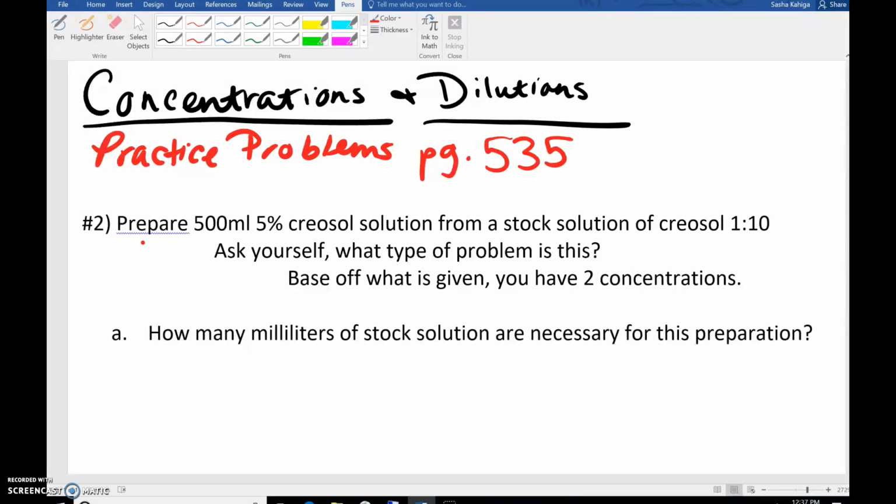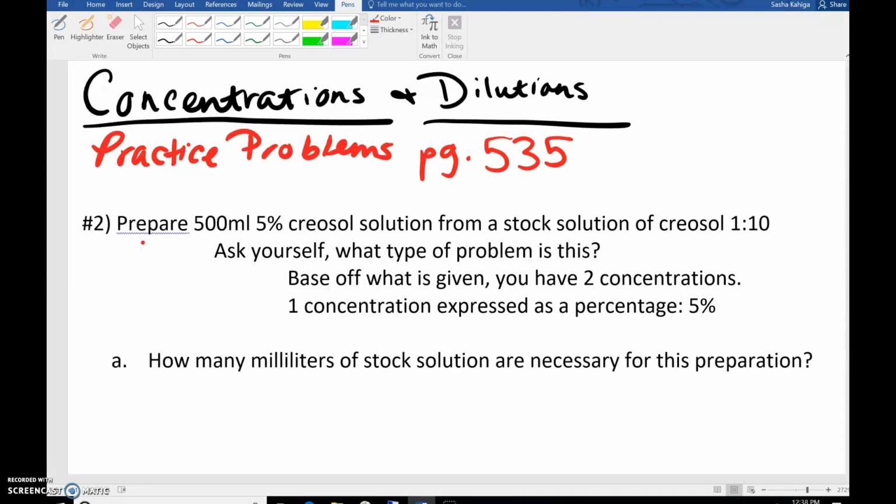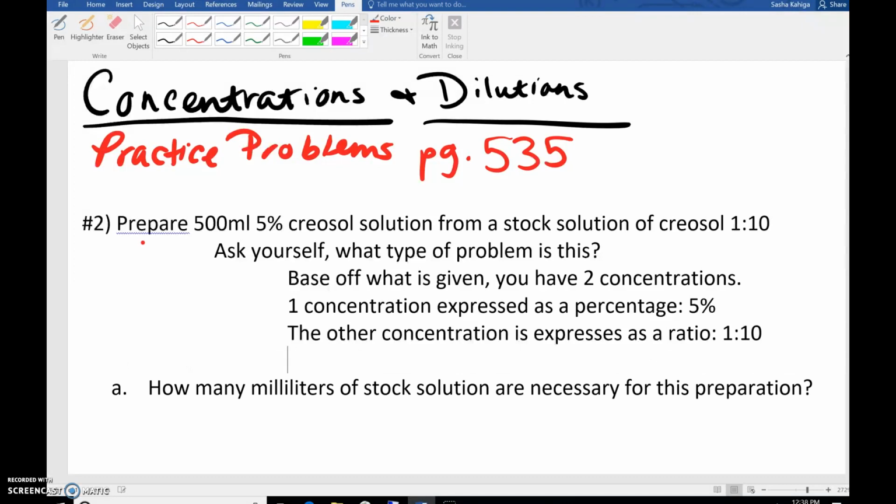One concentration is expressed in a percentage, which is 5%, and the other concentration is expressed as a ratio, which you guys have 1 to 10. So this is a dilution problem.